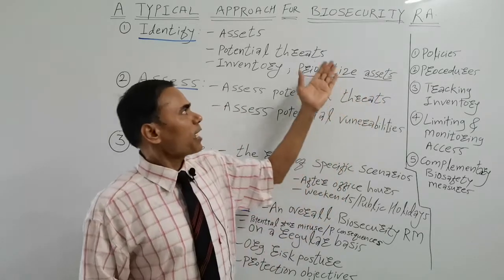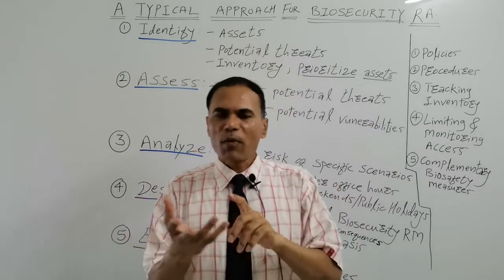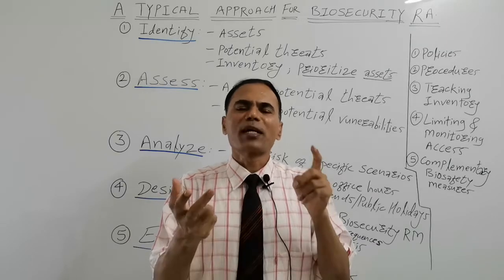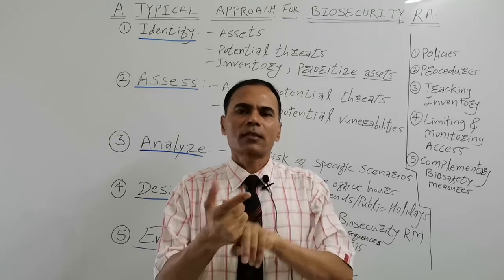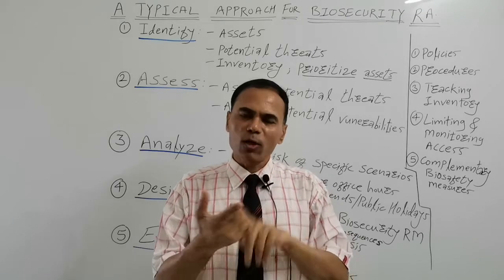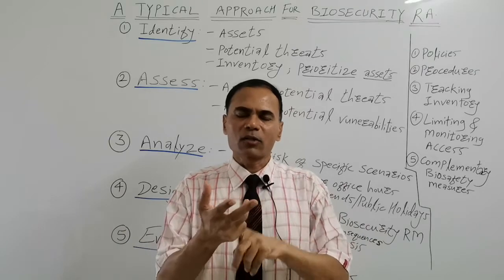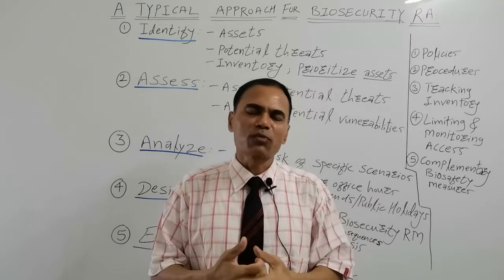Because biosecurity, the ultimate purpose is different from biosafety. So the ultimate aim of the biosecurity is to prevent the loss, to prevent the misuse, and to prevent the theft of the biological agents, meaning microorganisms, fungal or bacterial or viral strains which you have.